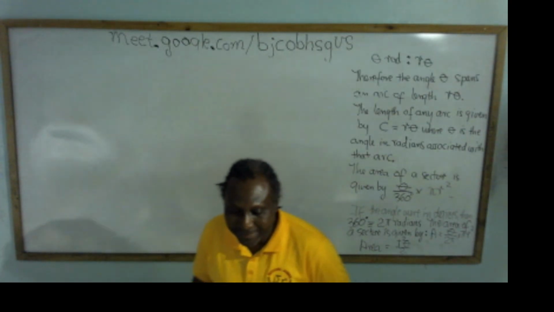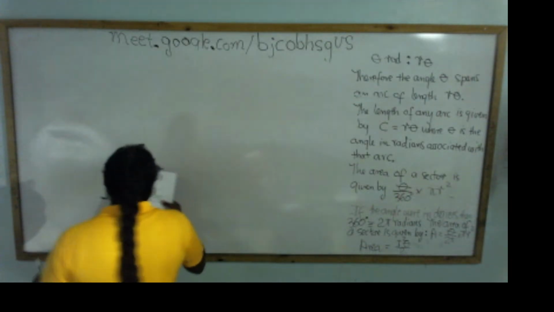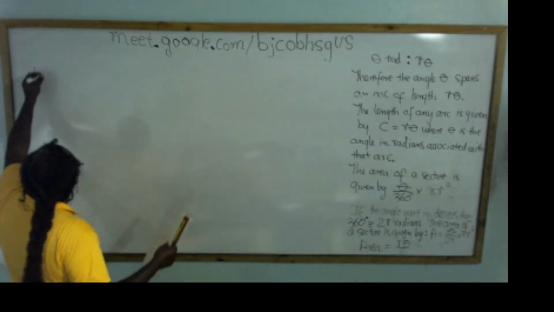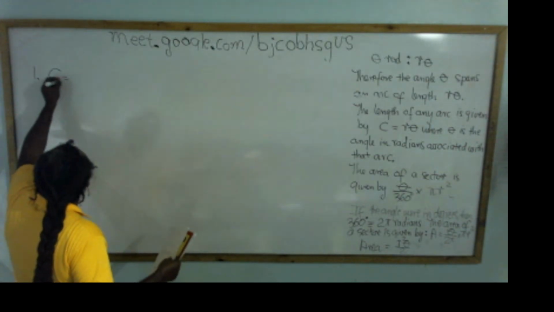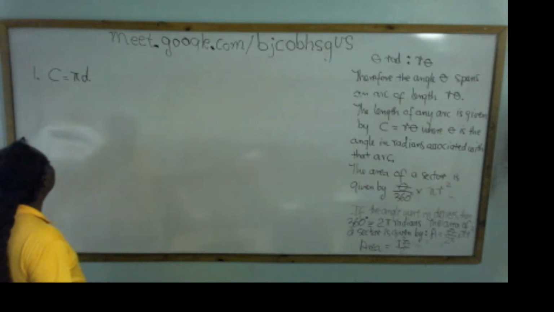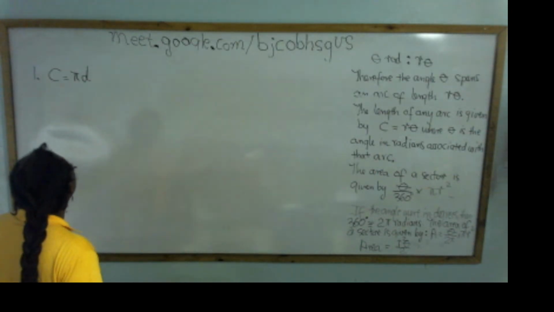Okay, let's go. Number 1, C is equal to pi d, for d.